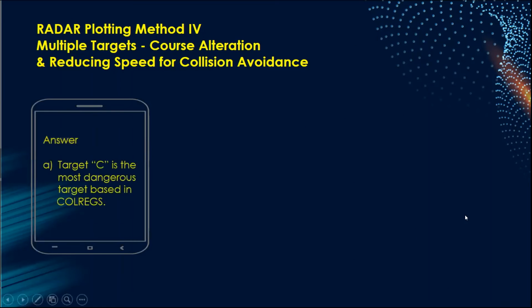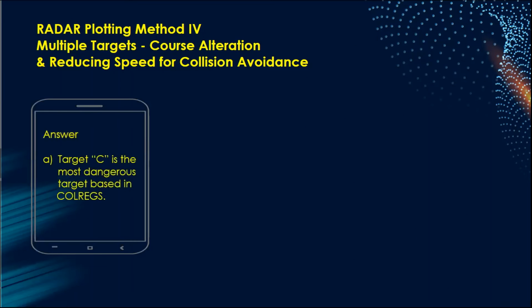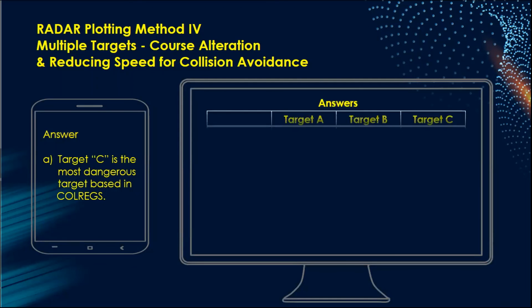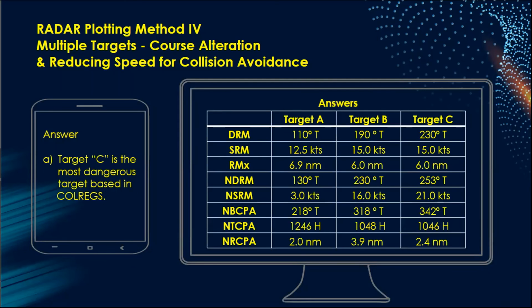Here you have your answer. So the most dangerous target is Charlie, since it is 12 miles away from our vessel. You just screenshot the answer or pause this and counter-check your plotting just to verify your work.